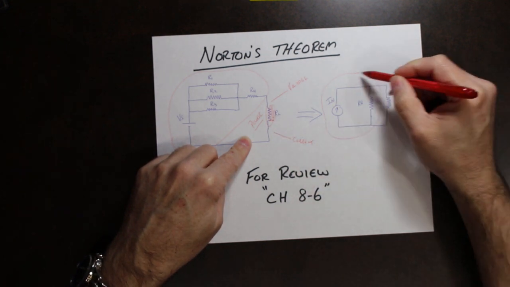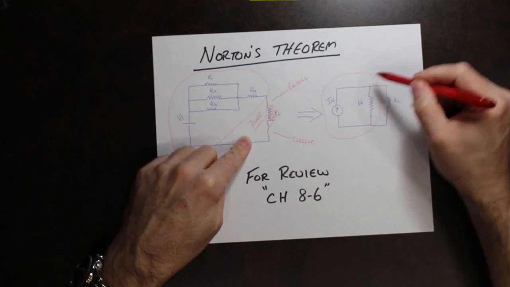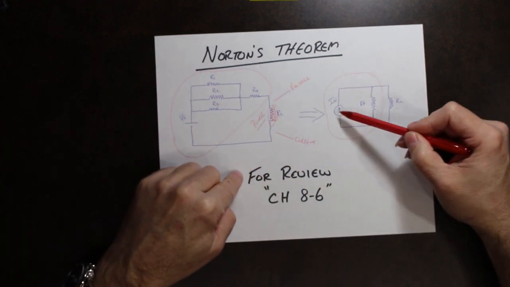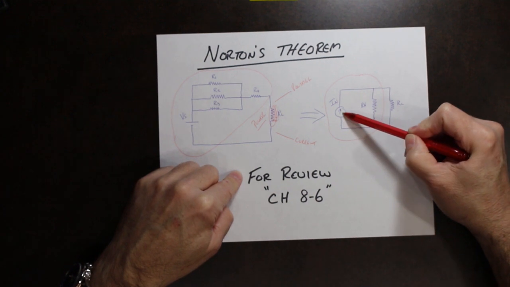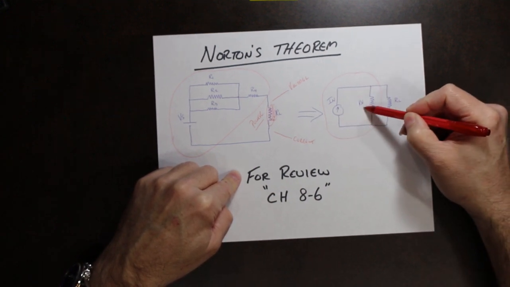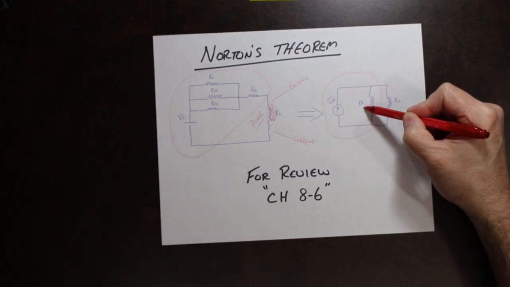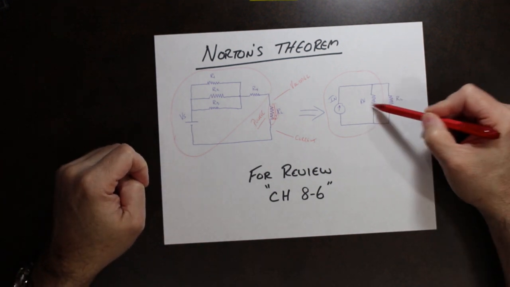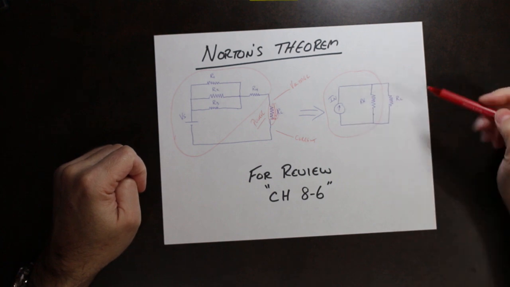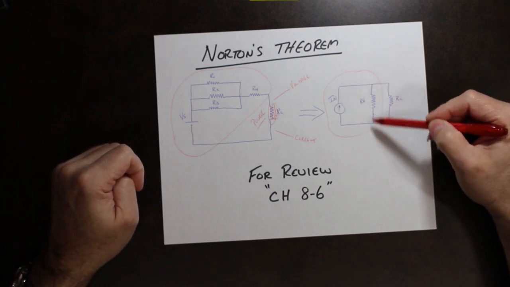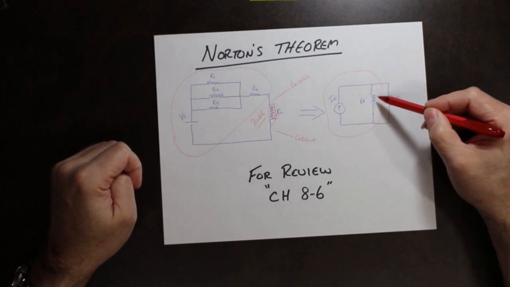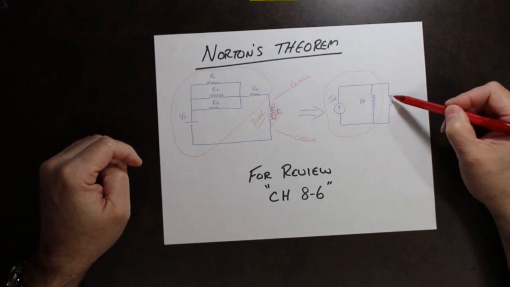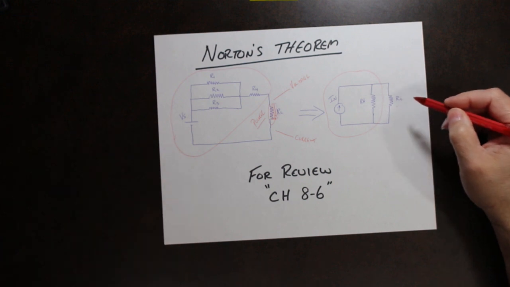So that's the idea. We're going to simplify this circuit down. Everything inside this red circle here is going to be simplified down to two components, a constant current source and a Norton's value of internal resistance. Then all we're left with is two resistors in parallel and a current source, and we can easily figure out the current divider, figure out voltage via Ohm's law, and calculate power, all based on this resistor.